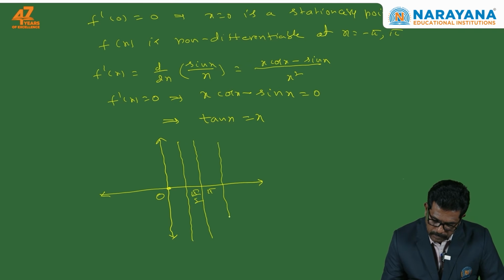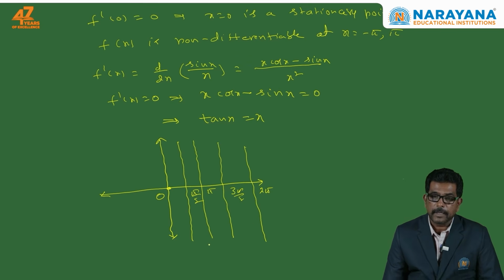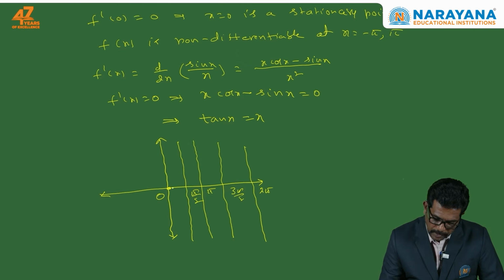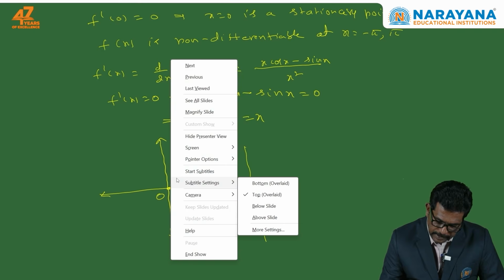Next 3 pi by 2 and 2 pi. This is 2 pi. Now the tan x graph, you know how we are going to draw it, like this one.